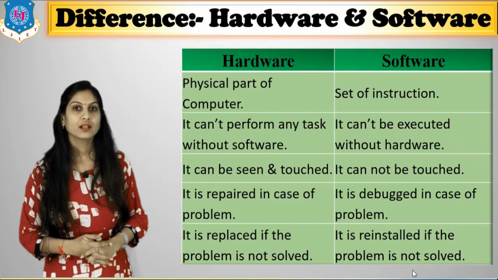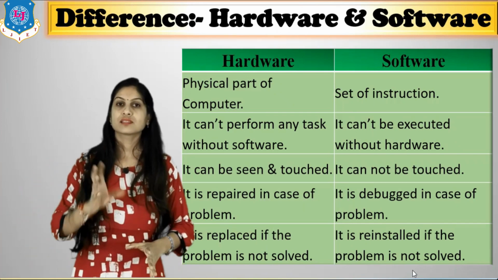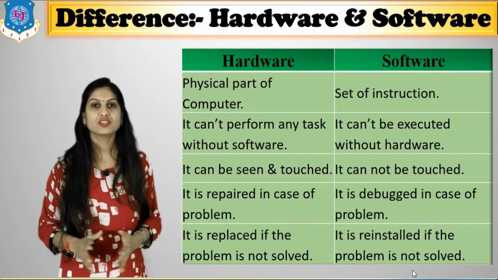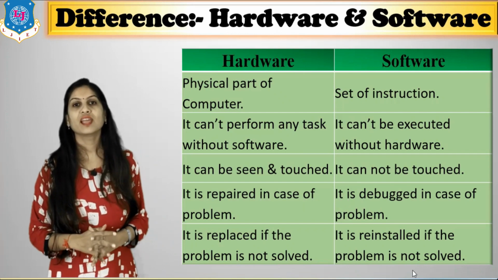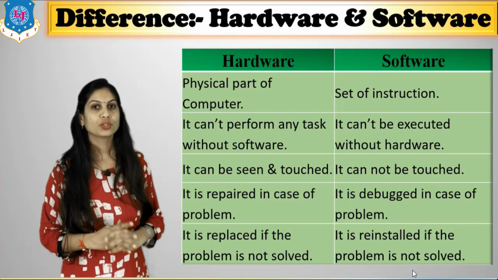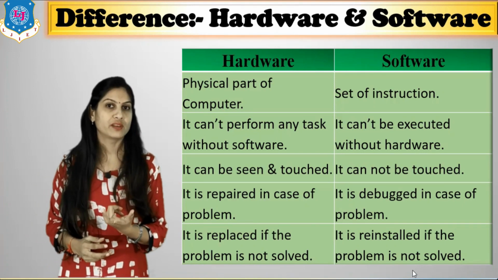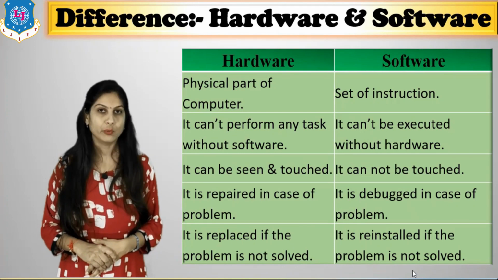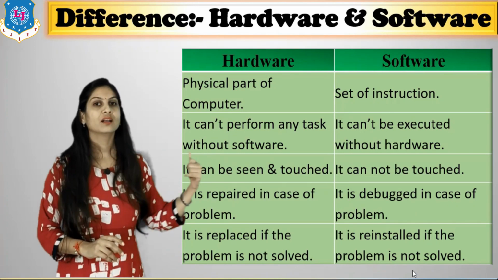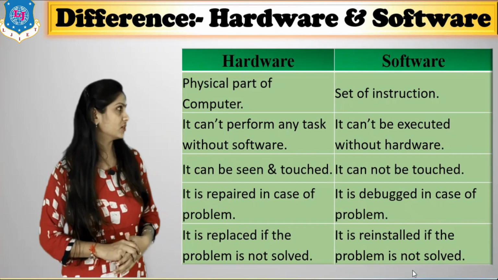For example, you have all the devices of a computer but you have not installed any operating system in your computer, then obviously they are meaningless. So the operating system is software, and keyboard, mouse and other things we can say are our hardware. So these two are dependent on each other.